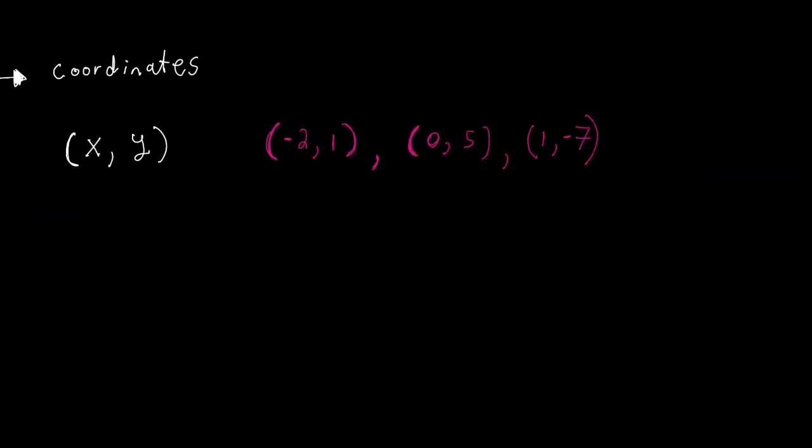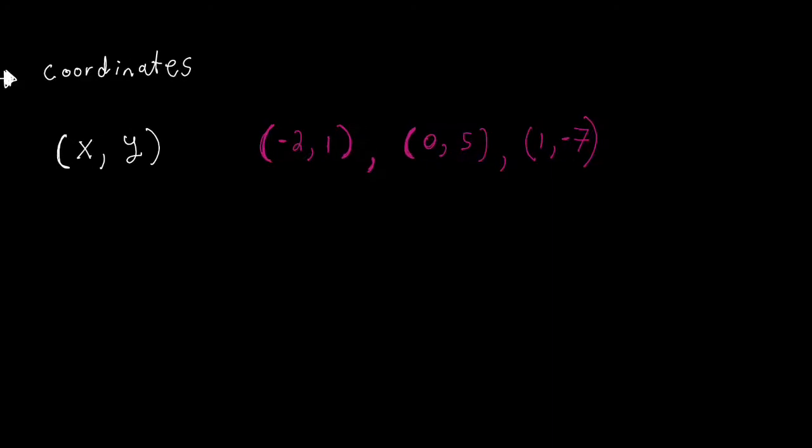So if we take a look here, I have three coordinates already set up for you. If we look at our first coordinate, -2 is our x value and +1 is our y value.